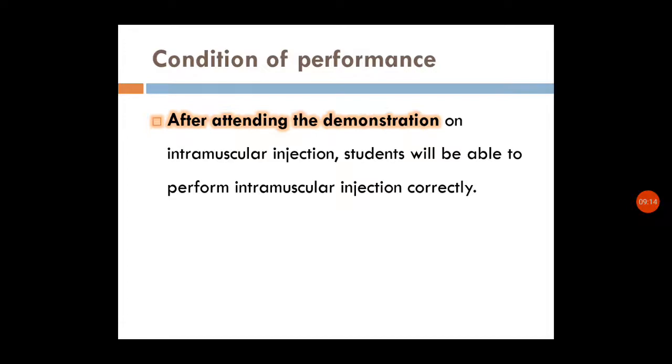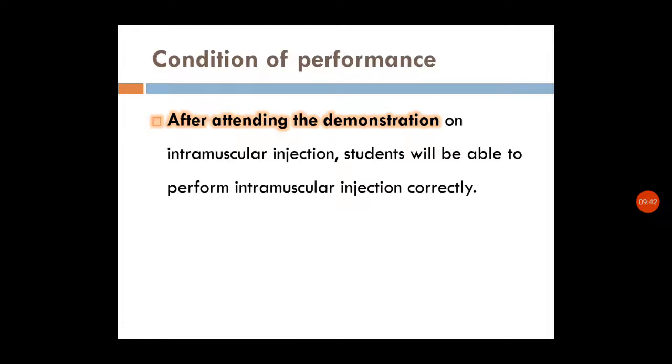So condition of performance: here, after attending the demonstration, that is the context or situation under which we are expecting the behavior from the student. The teacher is expecting that only after my demonstration am I expecting the students to perform the particular procedure correctly. Before that I am not expecting. So this is the context.